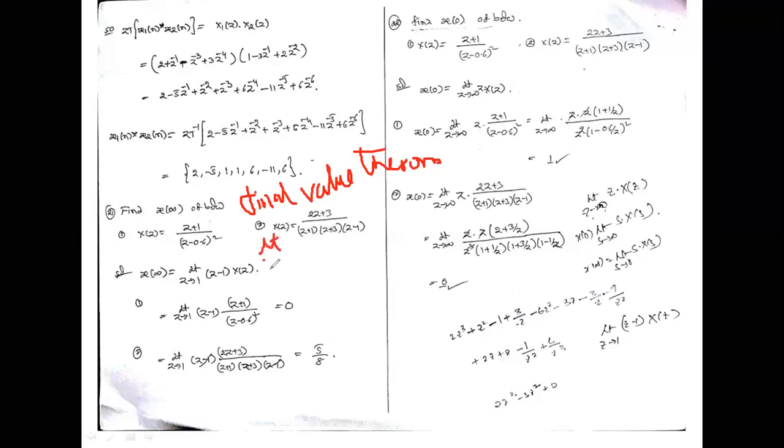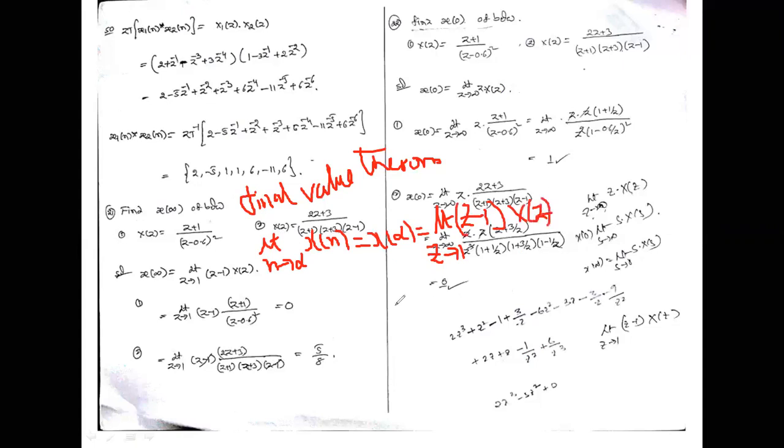Limit n tends to infinite x of n is equal to x of infinite, that is equal to limit z tends to 1 of z minus 1 into x of z.